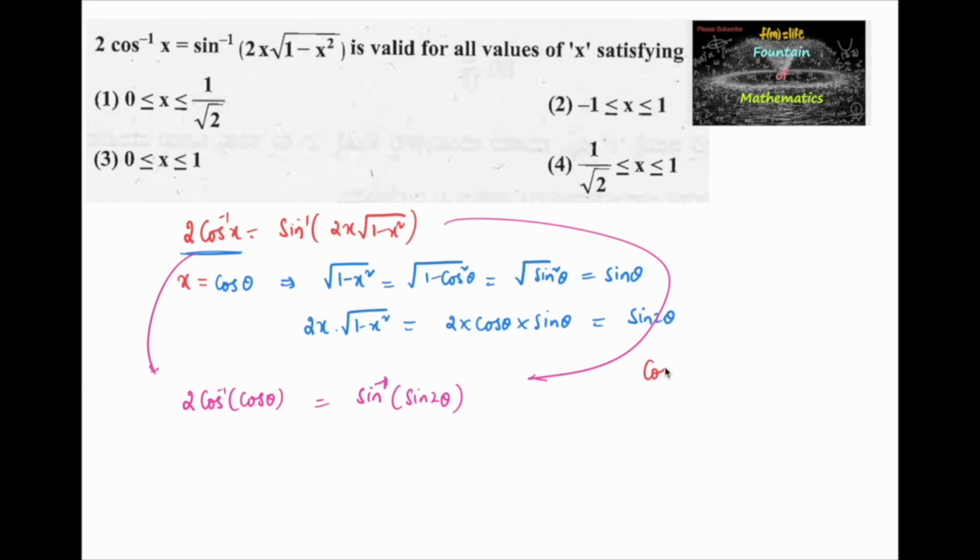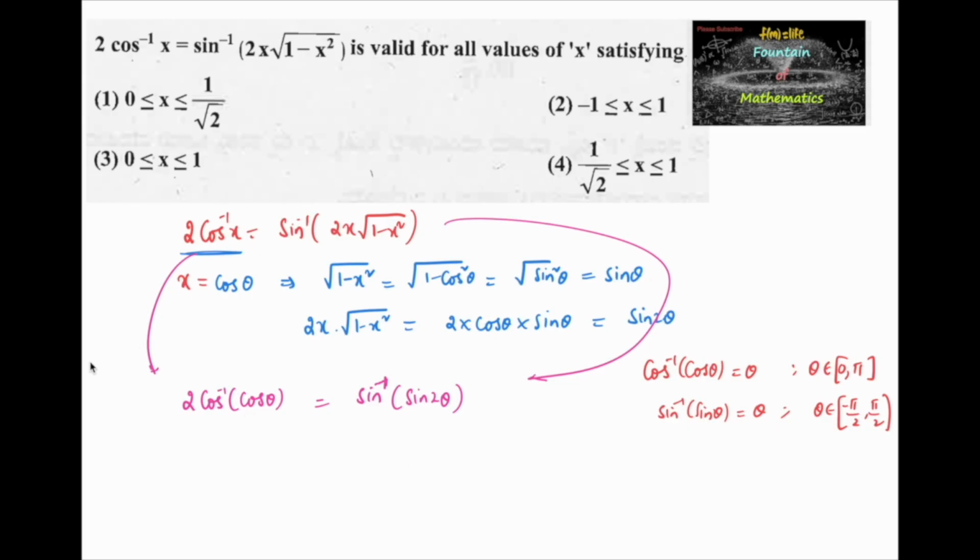Cos inverse of cos theta is equal to theta, where theta belongs to 0 to pi, and sin inverse of sin theta is equal to theta, for theta belongs to minus pi by 2 to plus pi by 2.